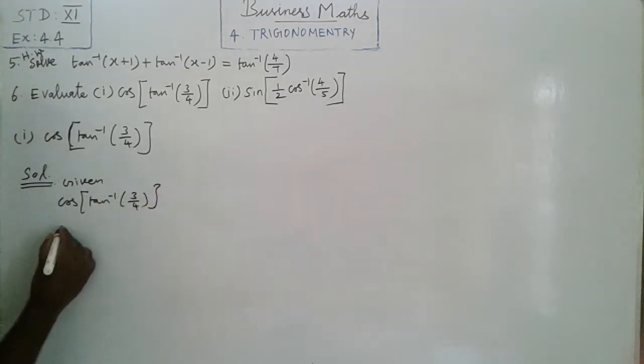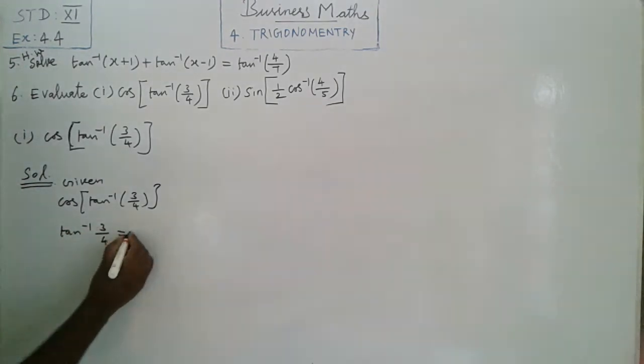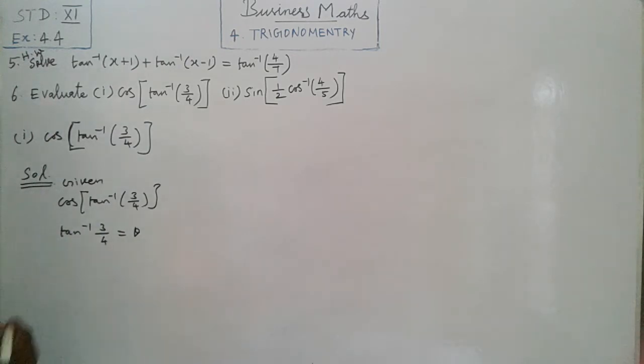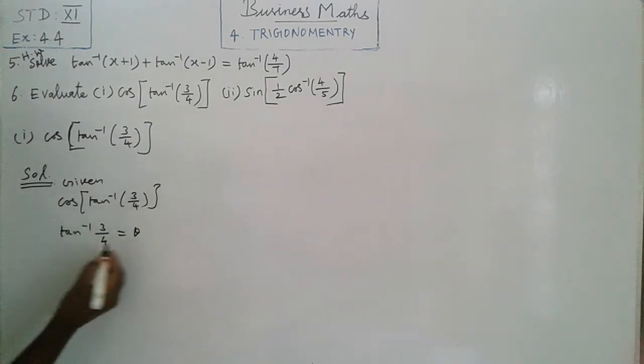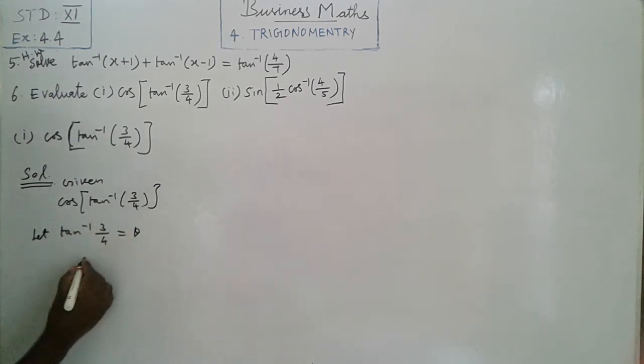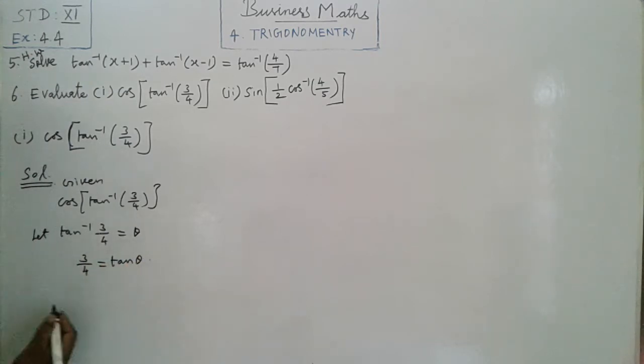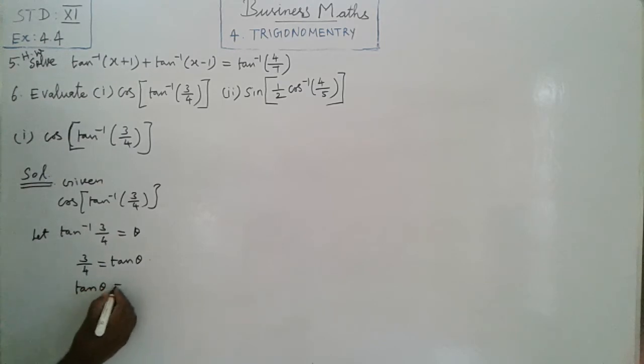We take tan inverse 3 by 4 equal to theta. So, taking tan on both sides, 3 by 4 equal to tan theta. So tan theta equal to 3 by 4.